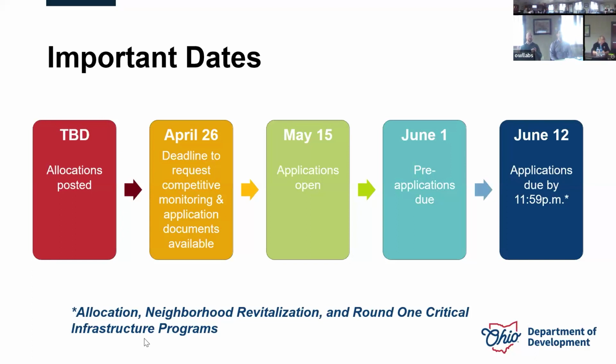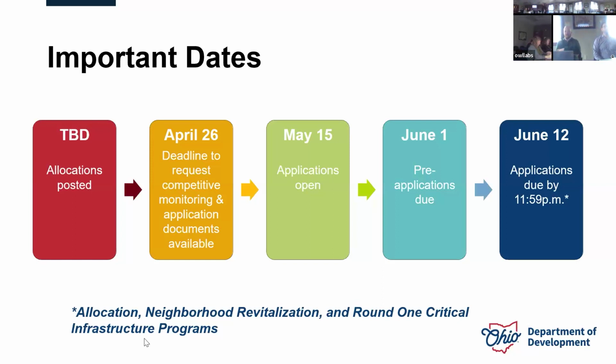So we do have a cap on how many open grants each county or some cities may have open. So if you need us to come out and monitor and start the closeout process for any of those current grants, so you can close those out and have more applications available open, we ask people to do that by April 26th, just to give us enough time to work out that process.